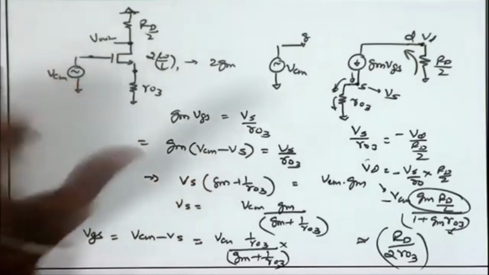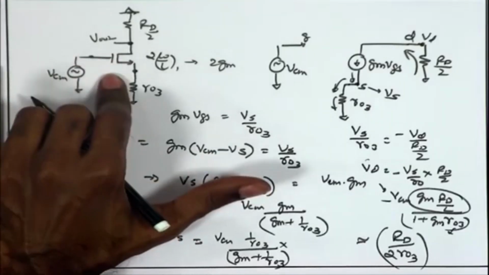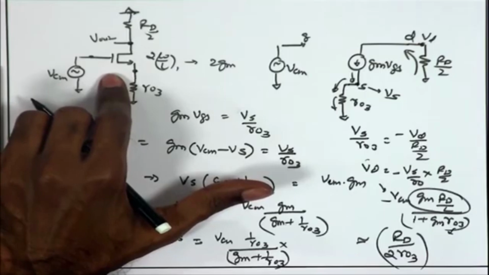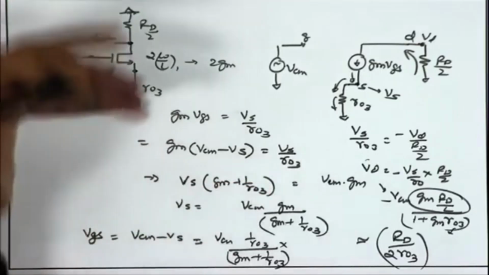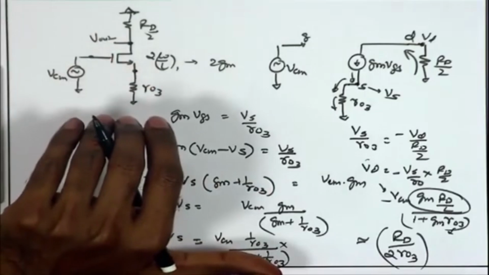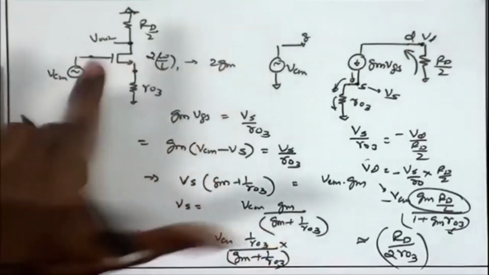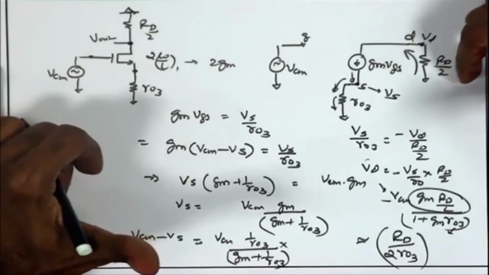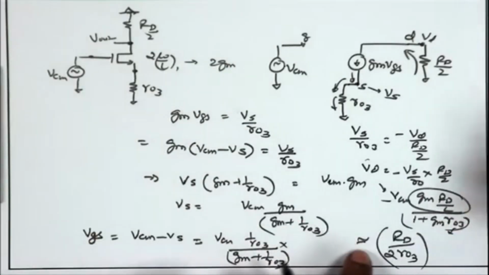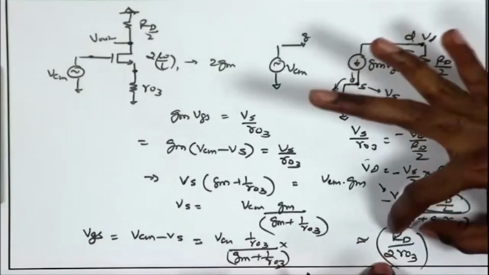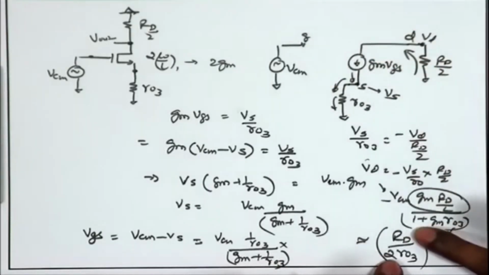So, one of the very important parameters that is required for the differential amplifier is common mode rejection ratio, that is defined as the differential gain versus the common mode gain. So, how well the amplifier is amplifying the differential signal and how well it is rejecting the common mode signal. So, we have seen in this case the differential gain is Gm Rd, common mode gain is Rd upon 2 Ro3.